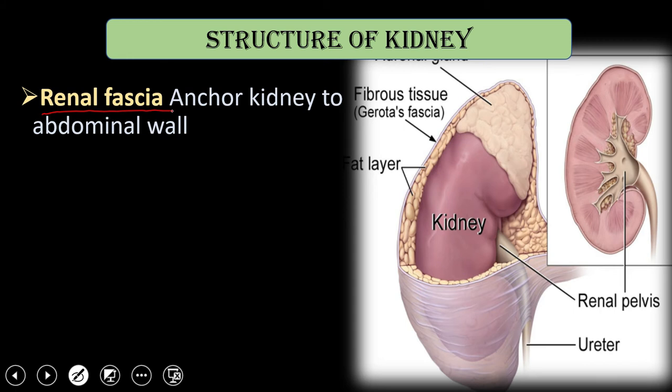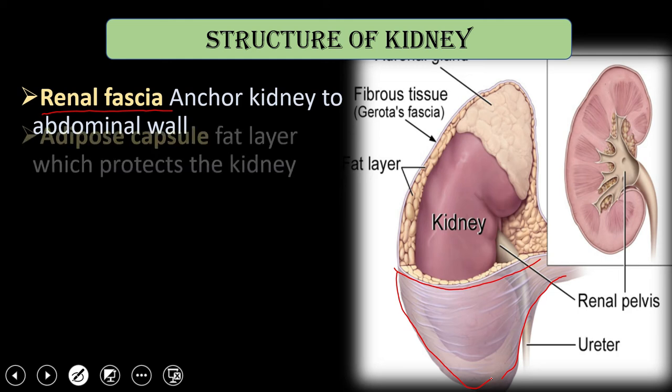You see in the diagram, this transparent layer is called the renal fascia, and it helps the attachment of the kidney to the dorsal abdominal wall. The dorsal surface of the kidney is attached to the dorsal abdominal wall, but the ventral surface is covered by peritoneum. So it is called a retroperitoneal kidney, or also an extraperitoneal kidney.